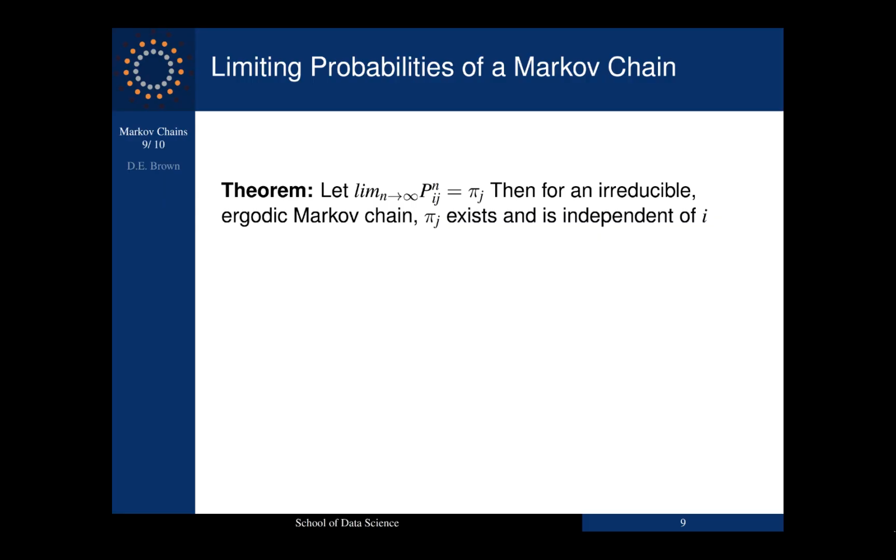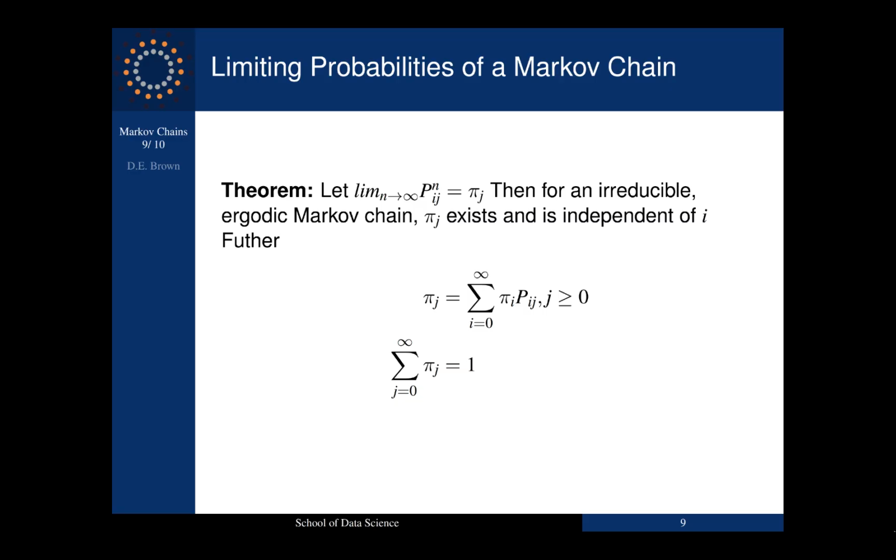For an irreducible ergodic Markov chain, these long-term probabilities exist, and it doesn't matter where we started. The only thing that matters is the probability of being in that state, so it's completely independent of the starting point. It turns out there's a simple set of linear equations that solves it.